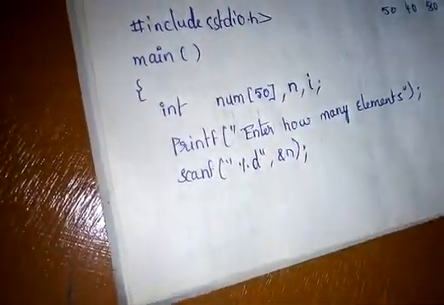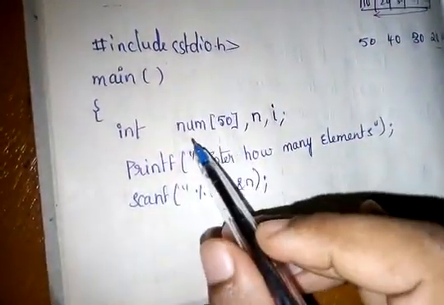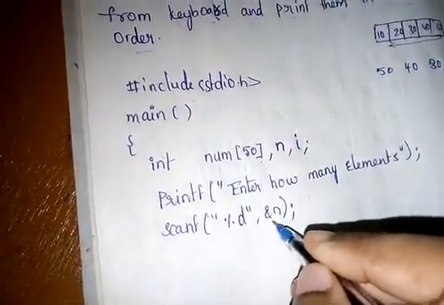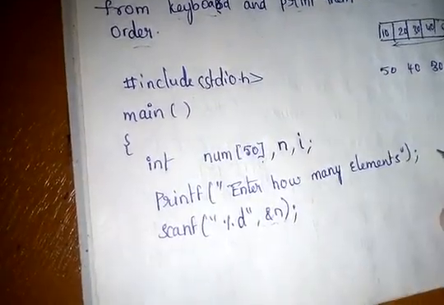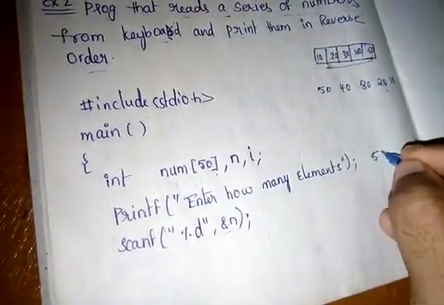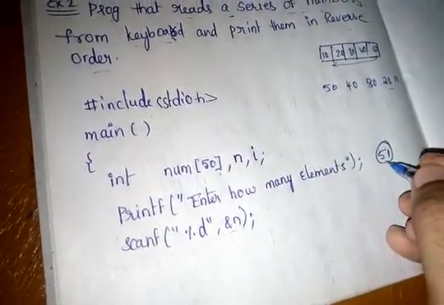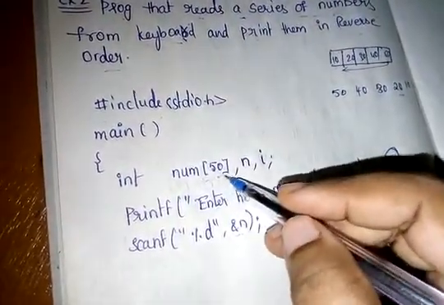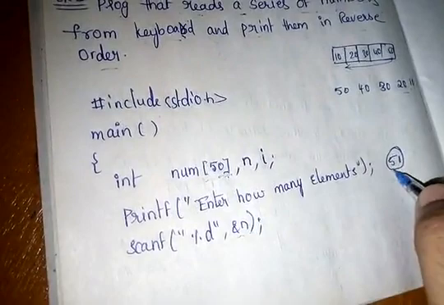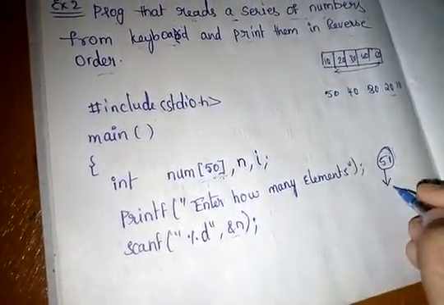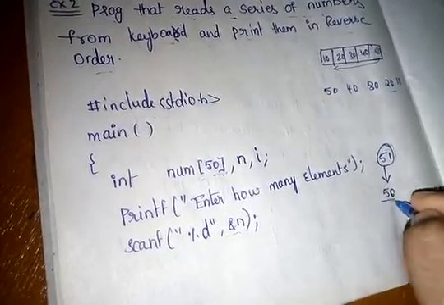The maximum capacity our array can hold is 50. So what happens if the user enters, say for example, 51? As we have only the capacity of 50 elements in our array, if the user enters 51, you need to reset it to the maximum value 50.